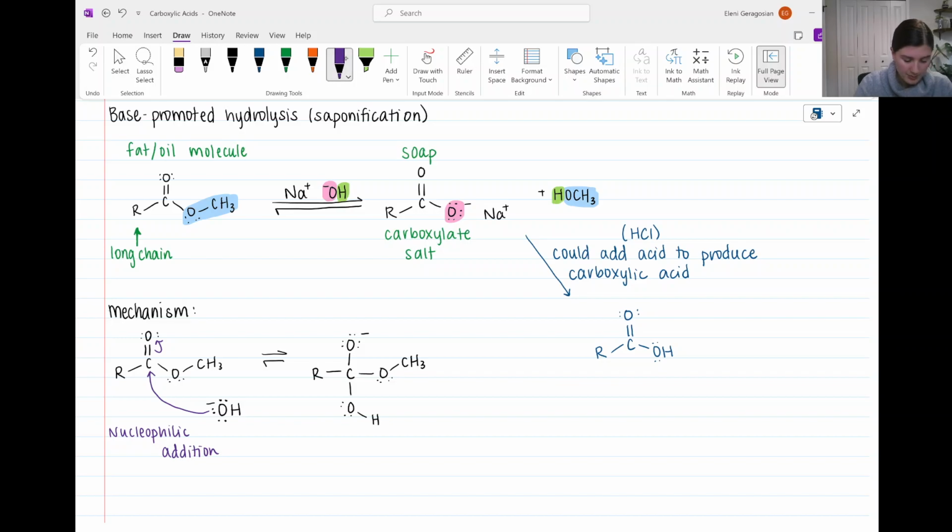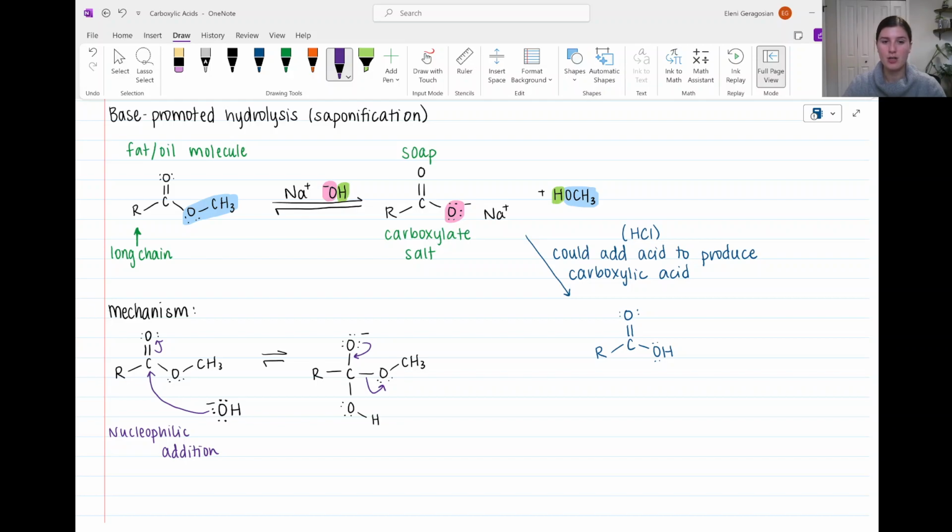Now in this next step, to promote the forward reaction to produce our carboxylate salt, this negatively charged oxygen will kick off that methoxy group. It will recreate a double bond between the oxygen and the carbon, and the OCH3 group will leave as an ion. It's okay to leave as an ion here because we're not in acidic solution, so nothing's getting protonated before it could exist as an anion.